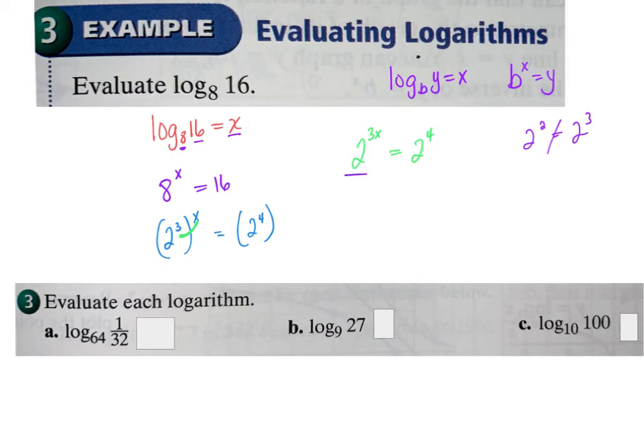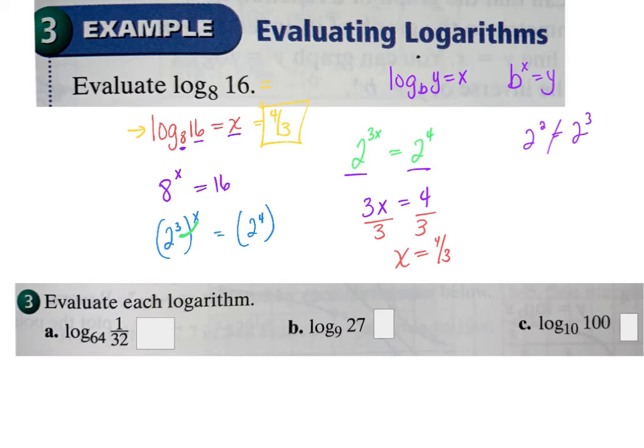And so I have the same bases, which means 3x must be equal to 4. That's the only way this equation will work. So how do I solve for what x is? Divide by 3. So x is 4/3, which means, way back up here, log base 8 of 16 is 4/3.